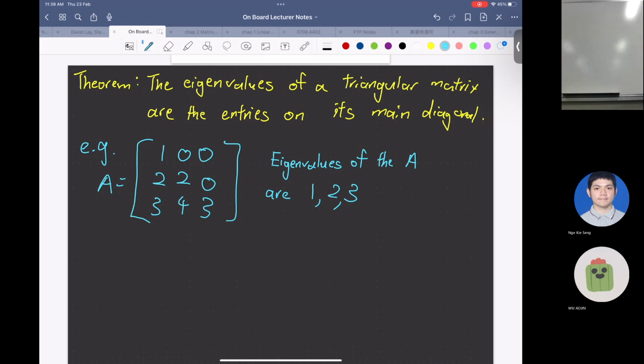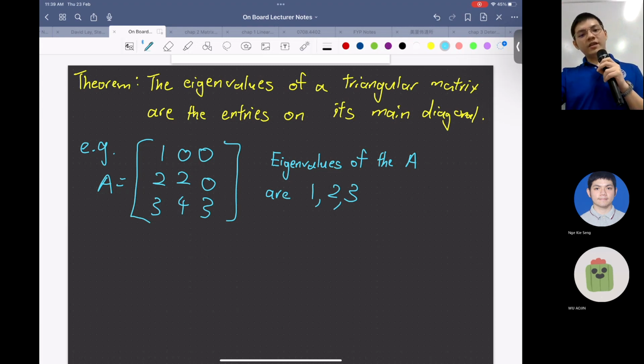This should remind you of something. For a triangular matrix, the product of the diagonal entries gives you the determinant. So there are similar properties in finding eigenvalues and the determinant.